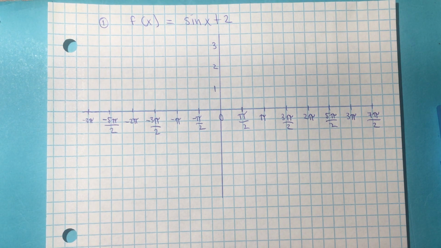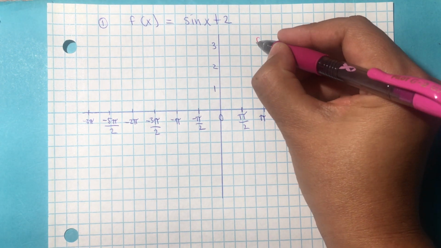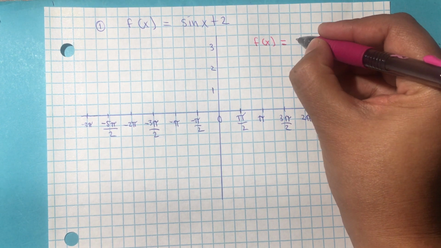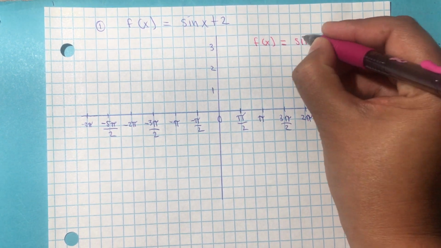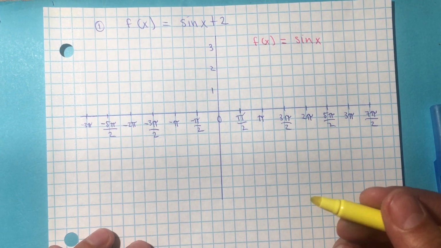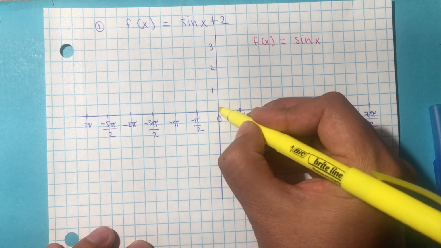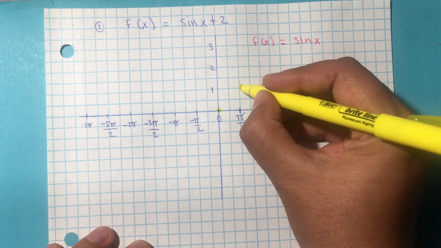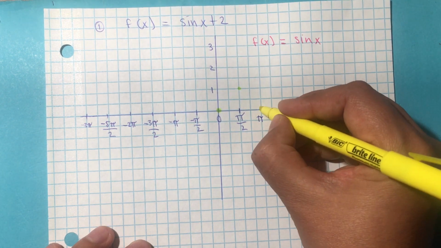For the mother graph, or parent graph, f of x equals just sine of x. If you recall, and what I recommend is, the sine is 0, 0. You go positive 1, 0.